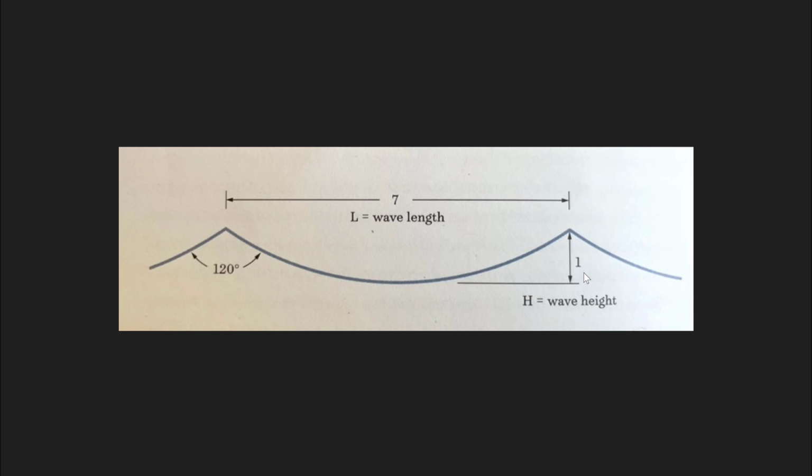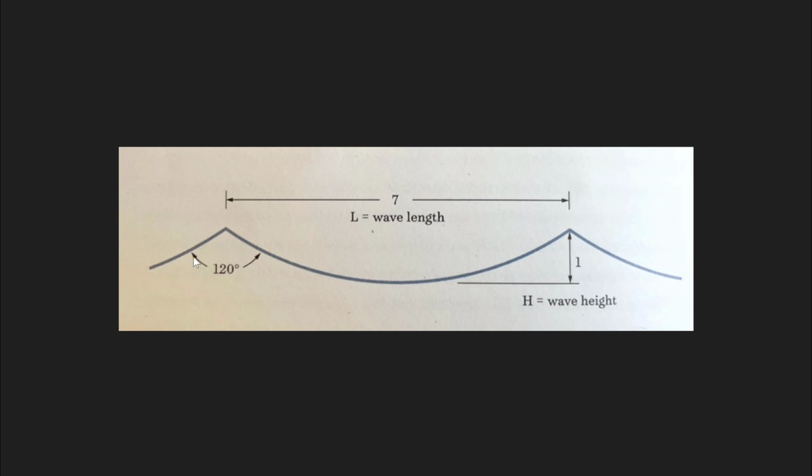So the relationship between wave height and wavelength, which is this H over L here, right? It's called the wave steepness. And again, we're talking about deep water waves at this point. Now, the max wavelength for a 1 unit high wave is 7 units long. That's that 1/7 ratio.